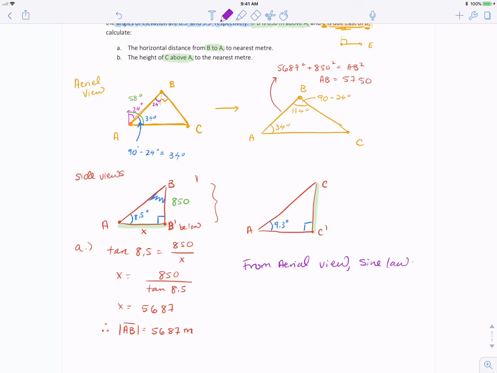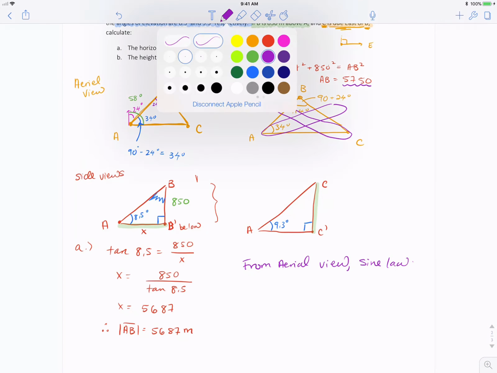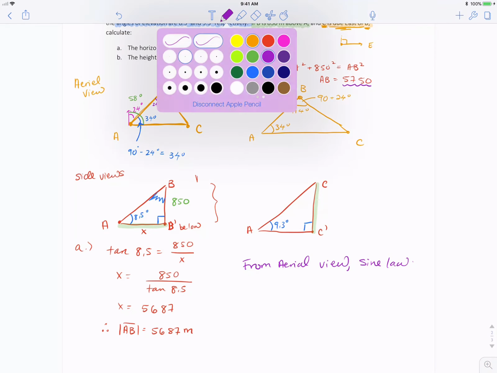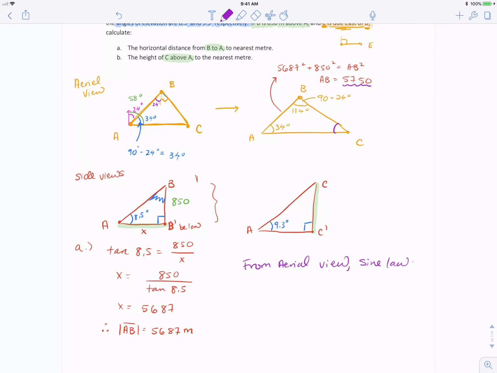Sine law will allow me to say the length of this side over the sine of that angle equals the length of this side over the sine of that angle. Remember, I have that bit of information. I just solved for length AB, and because all my angles in a triangle must add up to 180, I also know this inside angle. For angle C, 180 minus 114 minus 34 gives me an angle of 32 degrees.